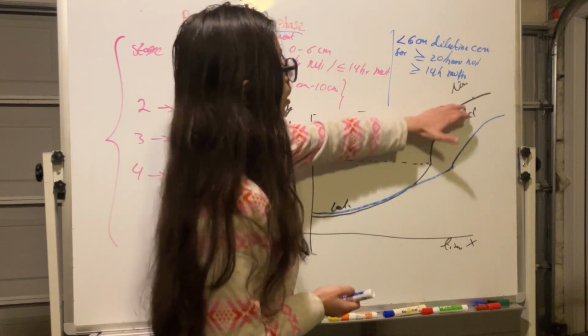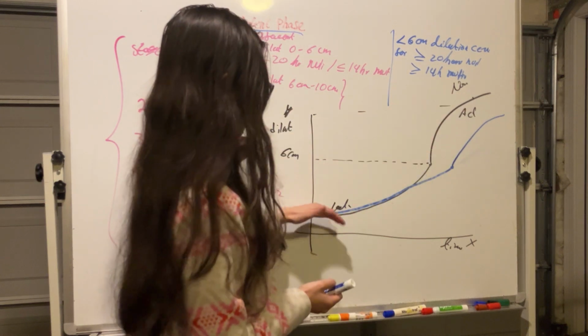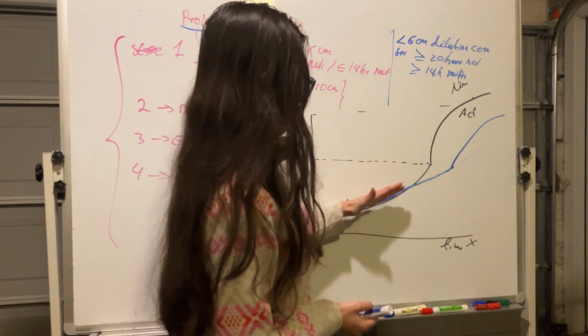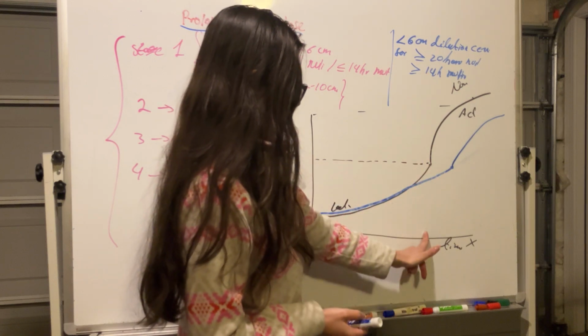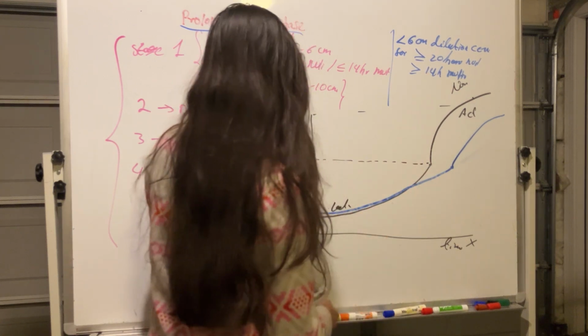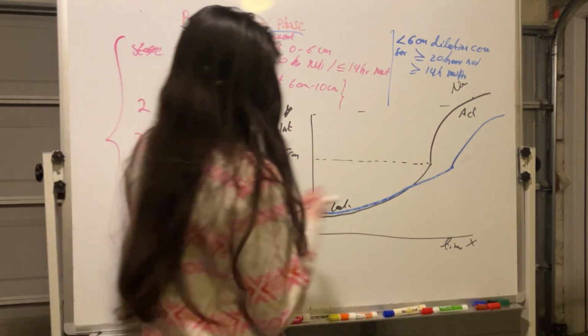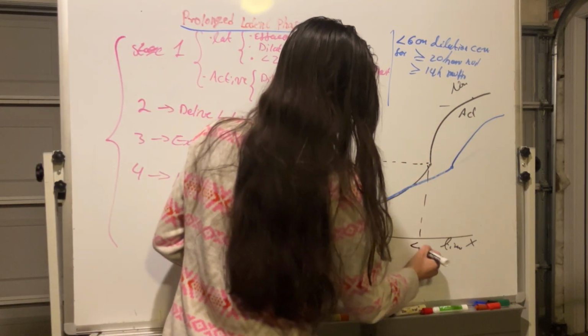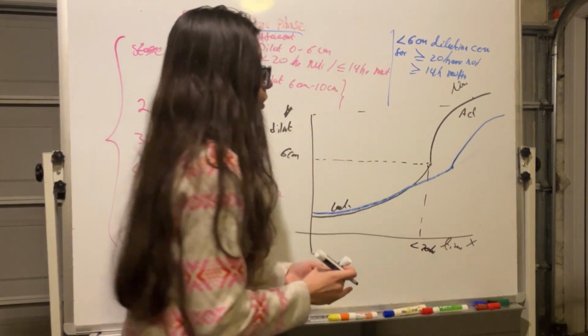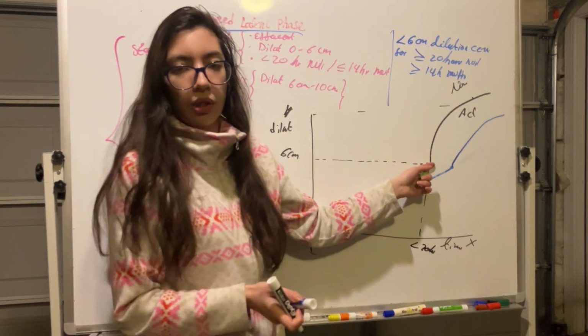Here we have a normal woman. This is the Sank curve. Here we have the latent phase. Let's say for this woman it took less than 20 hours to arrive to this point. This is the normal.